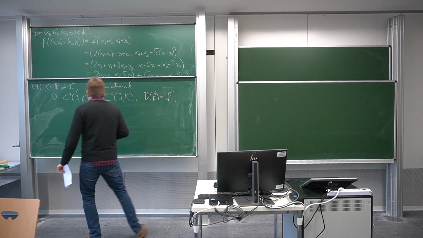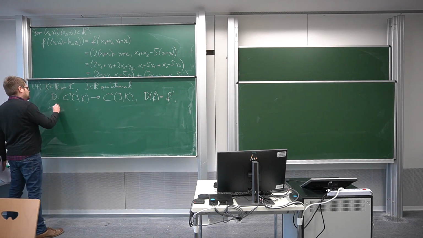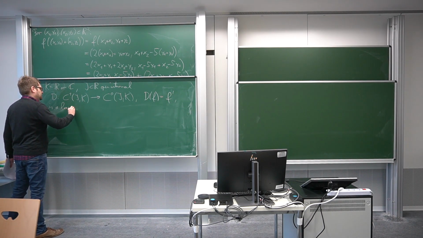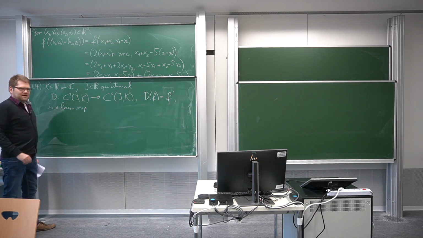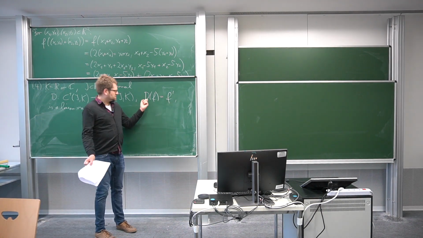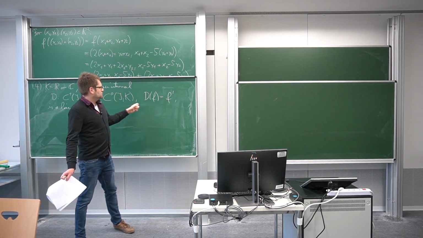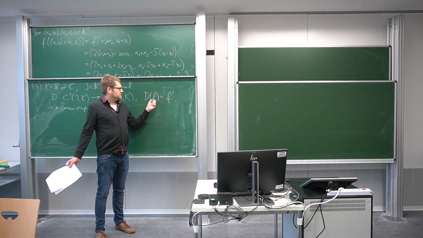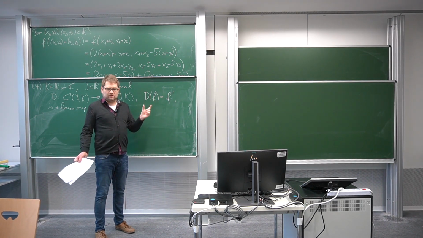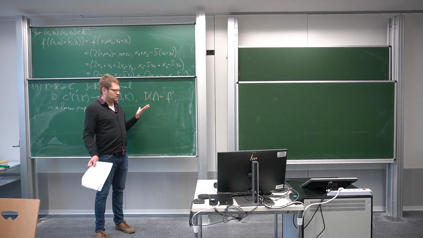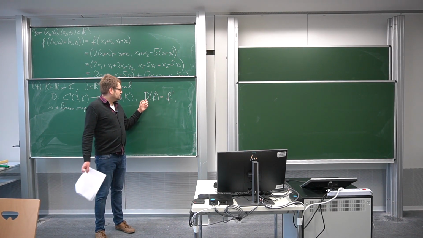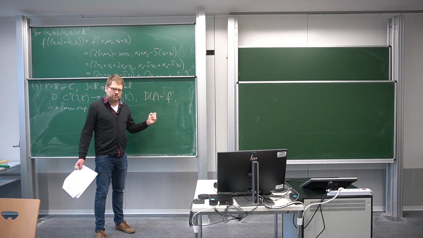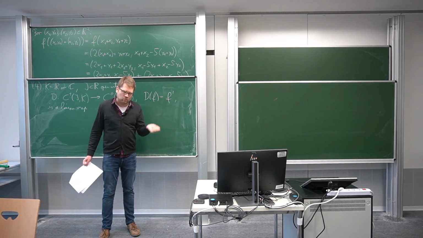And this map D is a linear map, and I claim there's nothing to do because I've already proven it. We have seen that, so what does this mean? For the first property, the derivative of the sum of two functions is, as we've seen, the sum of the two derivatives, which is just the linearity we need here for the compatibility of D with addition. Also, the derivative of a constant multiplied with a function is just the derivative multiplied by the same constant.